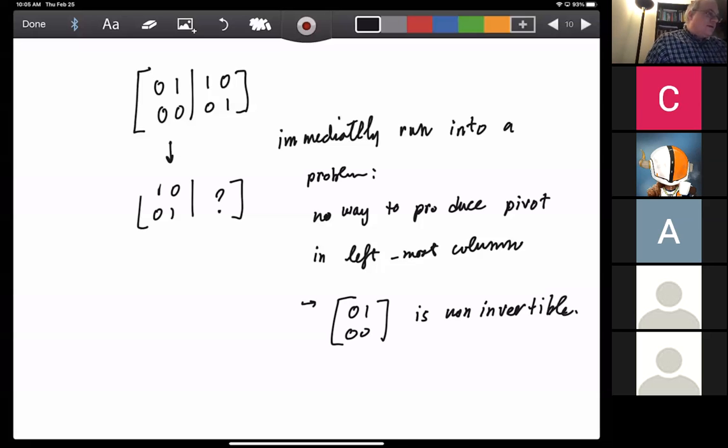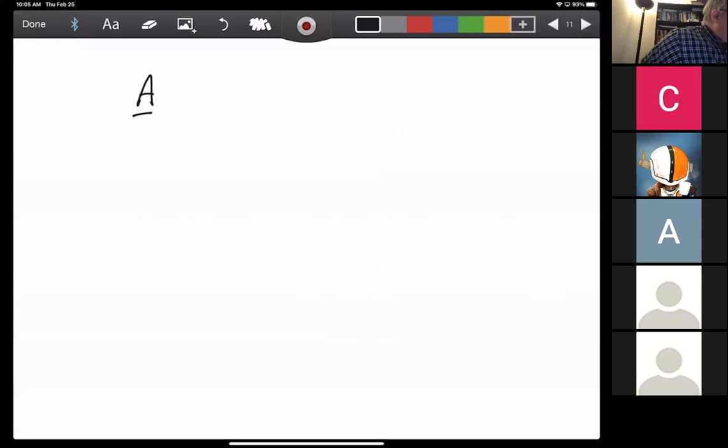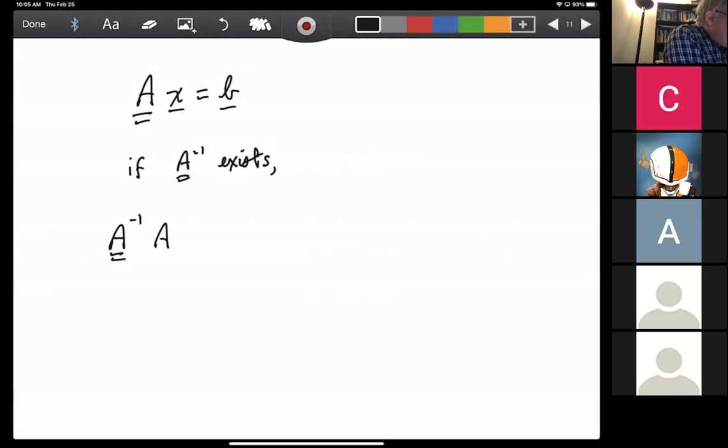All right, so let's go back now and think about the linear system, right? This is sort of what's motivating everything we're doing. If the inverse of that coefficient matrix exists, then we can left multiply by it. We remember matrix multiplication is associative, so we can group the A inverse times A. We know that's the identity matrix.